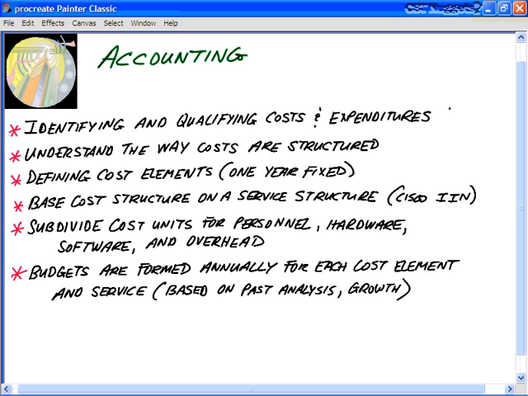And then you're going to base your cost structure on a service structure. For example, if you're a Cisco organization, Cisco has an infrastructure called the IIN. Well, you might go ahead and use that Cisco IIN infrastructure to base your cost structure upon. You're then going to subdivide these cost units, hardware, software, and so on, based on each one of these categories: personnel costs, hardware costs, software costs, and overhead.